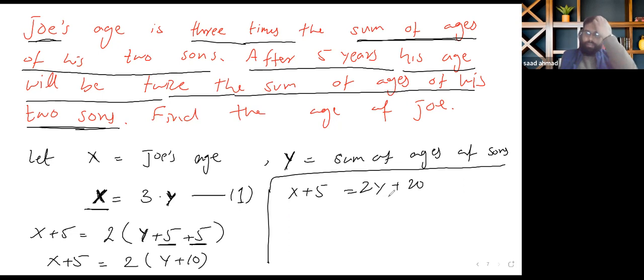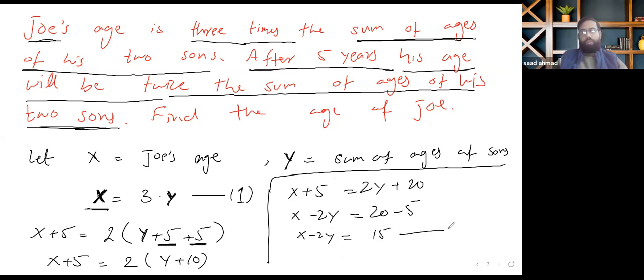Let's combine the like terms. Let's move the numbers to one side and the variables to the other side. So x minus 2y equals 20 minus 5. We subtracted 2y on both sides and 5 on both sides. So x minus 2y equals 15.